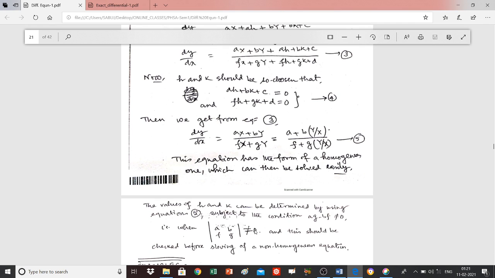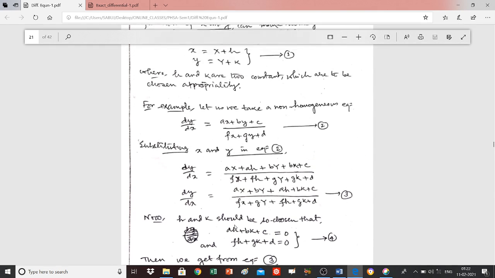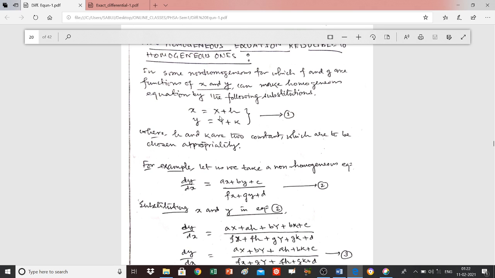If it is 0, then it is not possible to convert it into a homogeneous equation. But if it is not equal to 0, if the determinant has some finite value, then you can convert it into a homogeneous equation by the substitution written here: small x is equal to capital X plus h, and small y is equal to capital Y plus k.